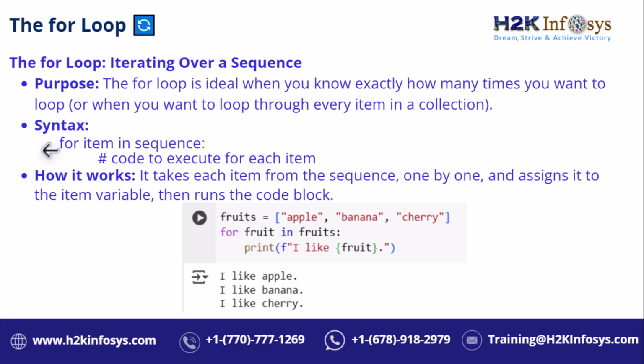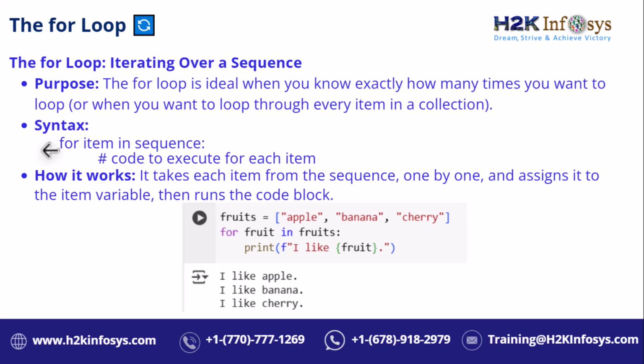For is a keyword, a fixed word which you have to write, and next is the item. That item depends. Instead of item you can write i or any relevant name respective to the list or the range you have chosen. And in is also a keyword.